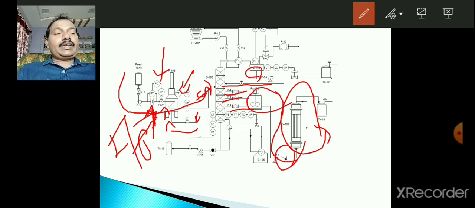Once again it is collected into this, and you see the downstream, it is the reboiler. This is the reboiler section, that is the symbol of the reboiler. So this is the way you have to analyze this P and I diagram of a petrochemical plant.